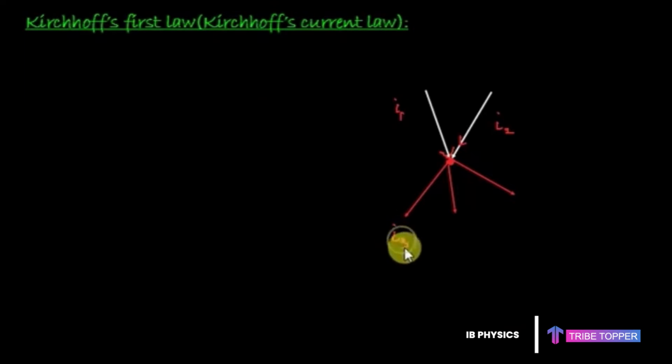It's just that you have 3 different paths for these 2 currents to go out. So the amount of current will remain constant.